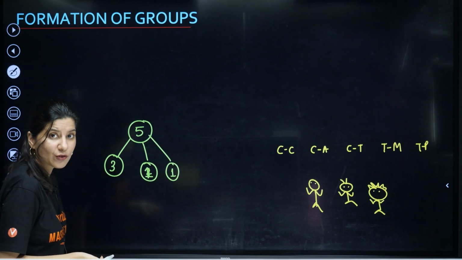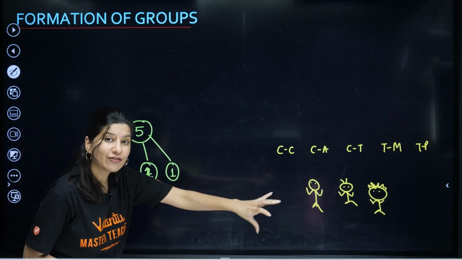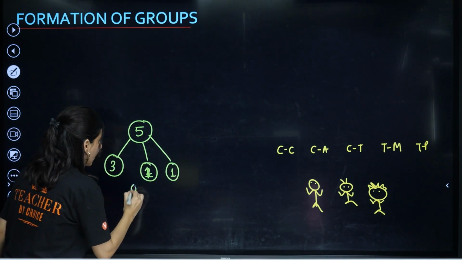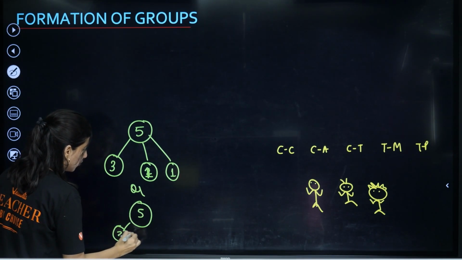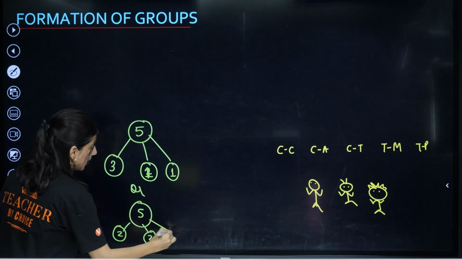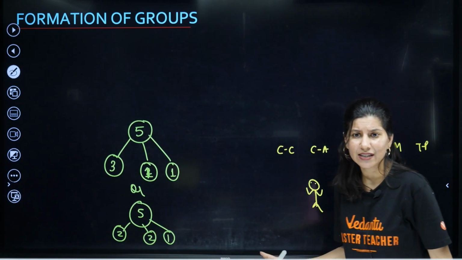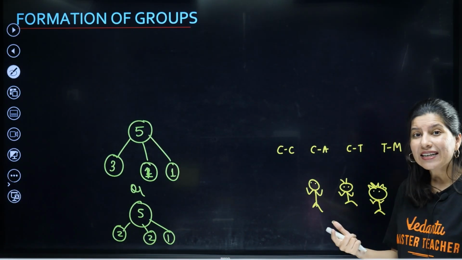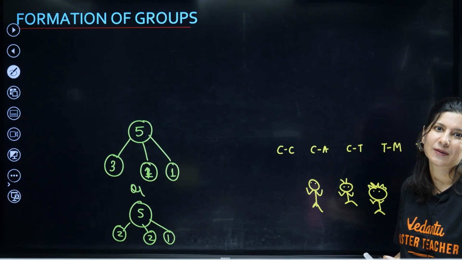This is one way of doing it. So I need 3 bundles for 3 different people. Or I can do one more thing: 2 books, 2 books and 1 book. That's it, no more cases. So in that case, creation of bundles is formation of groups.